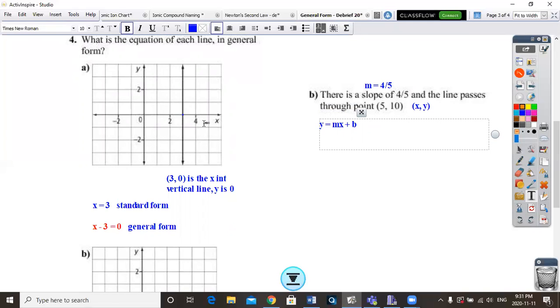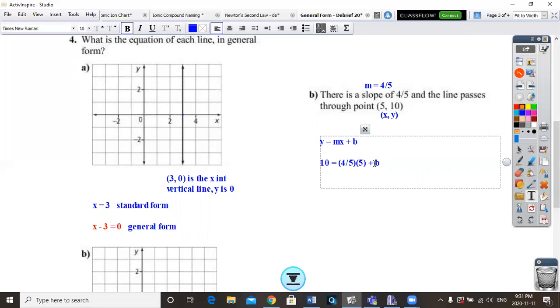So we'll substitute in the m, the x, and the y. So that's the x and the y. 10, that's the y, equals 4/5 m times 5, which is the x, plus b.